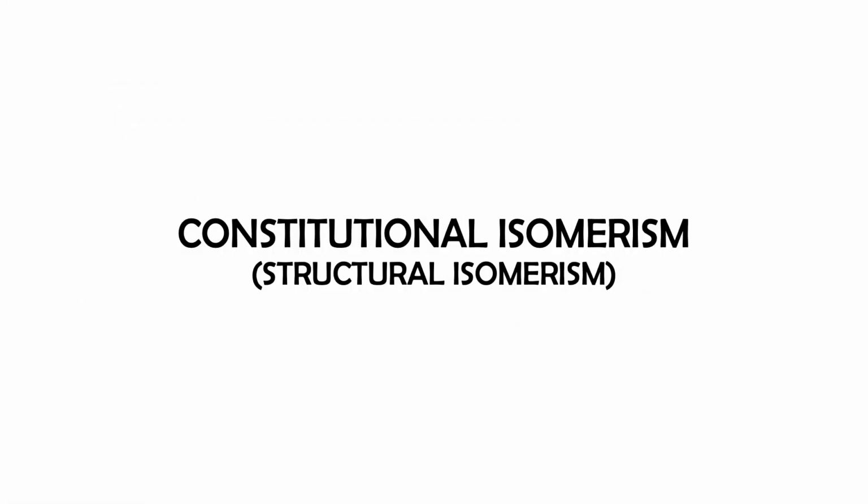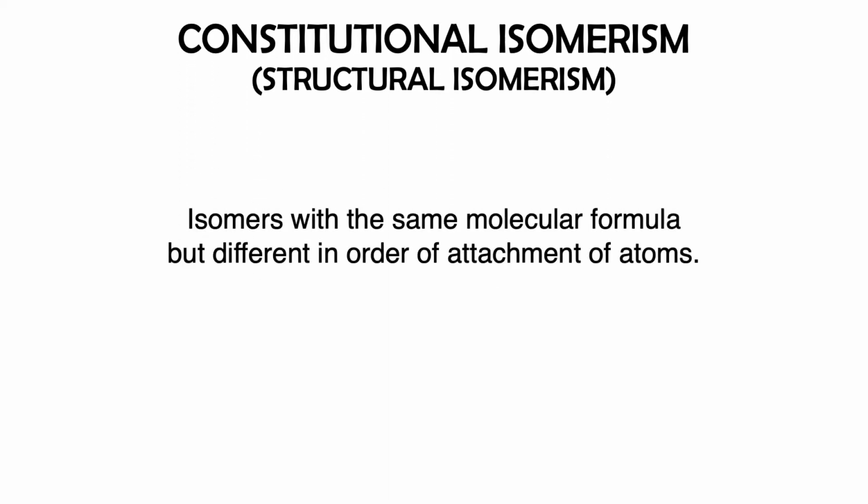So what is constitutional isomerism? Constitutional isomerism brings the definition of isomers. Isomers, take note, dia ada S di sini, which means it must be more than one, with the same molecular formula, but different in order of attachment of atoms.